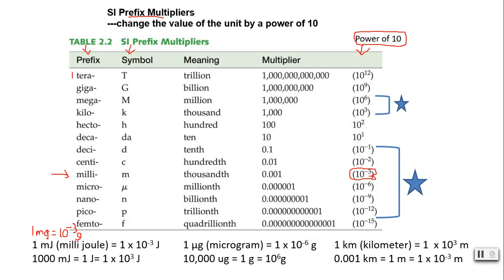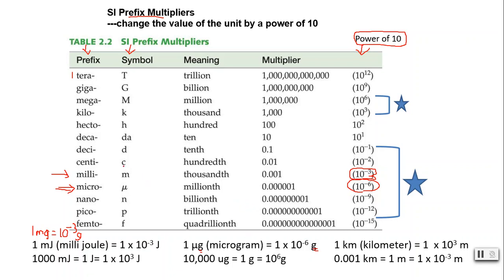So 1 milligram would be 10 to the negative 3 grams. 1 microgram, and micro is that U with the funny little tail on it, 1 microgram would be 10 to the negative 6 grams. Again, that power of 10 going on the base unit. And so on and so forth.